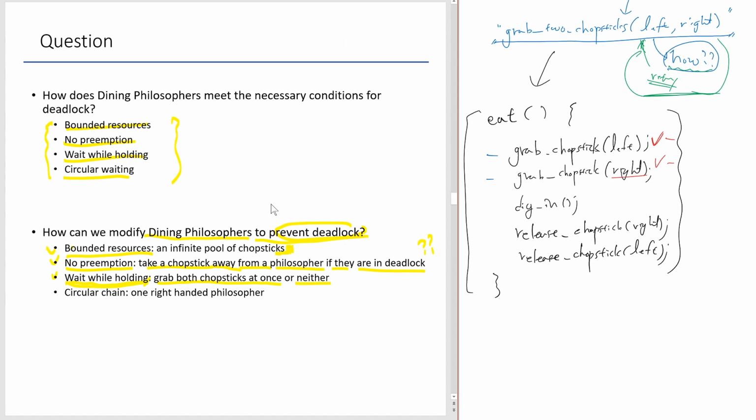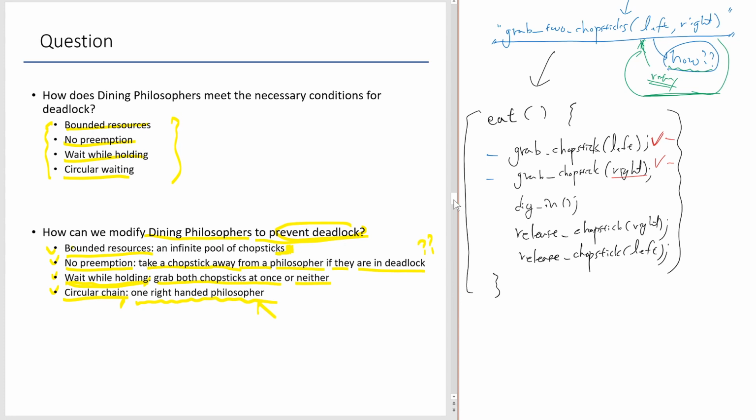The last condition is circular waiting. And how do you break this circular waiting? You basically modify the algorithm. One solution to our dining philosopher problem is that if you allow just one philosopher to behave differently, for example a right-handed philosopher, you can prove that there will be no circular waiting because you basically break the symmetry.